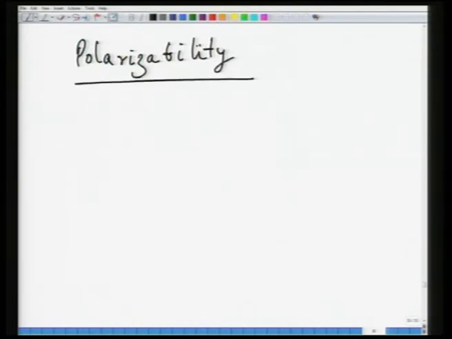Polarizability of an atom or ion in a particular dipole is defined as follows. Let us call it alpha i for the ith atom or ion, and mu i is the dipole moment of that particular dipole.